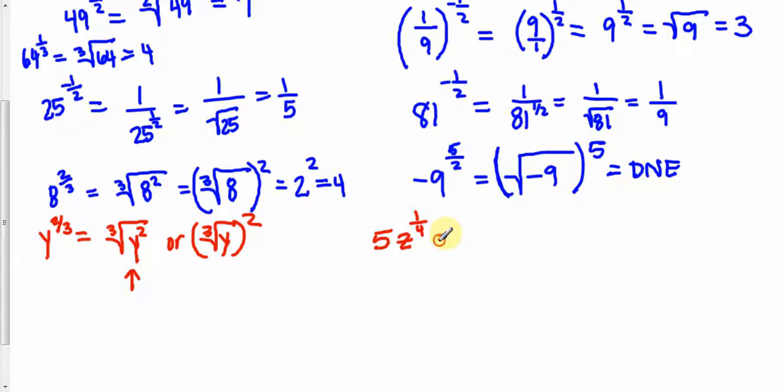So this would be 5 times the 4th root of z. It's z to the 1st, and you don't put first powers in your answer. I showed it up here just so you could see where it went, but it's not something you utilize when doing the problems.